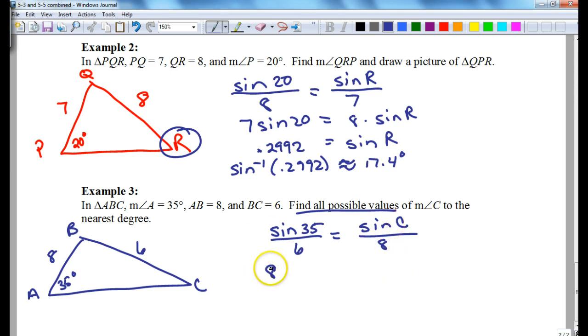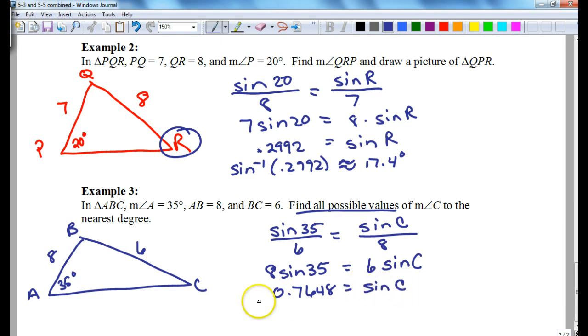We have 8 sine 35 equals 6 sine C. So sine C equals 0.7648 when you put that in your calculator. You inverse that, and you should have about 49.9 degrees.